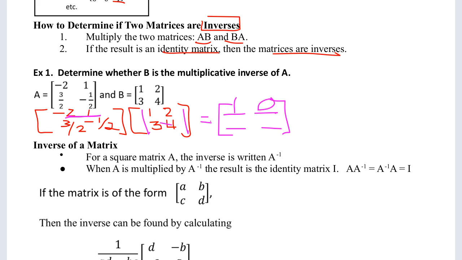So far, so good. 3 over 2 times 1, 3 over 2. -1/2 times 3, -3 over 2. So if we subtract those, we get 0. And 3 over 2 times 2 is 3, because you cancel out the 3's. Then -1/2 of 4 is 2. So if we subtract those, we get 1.